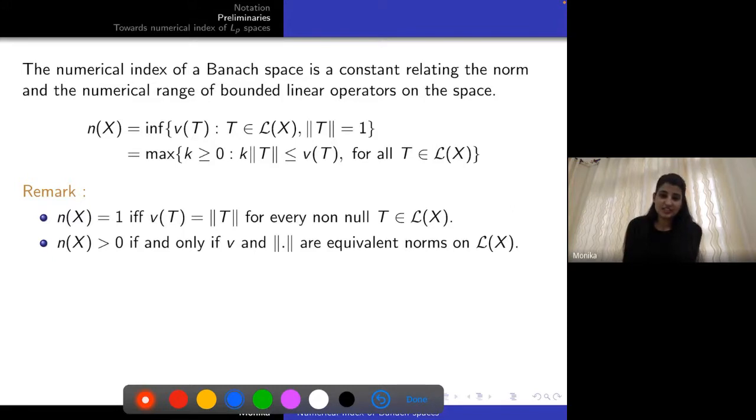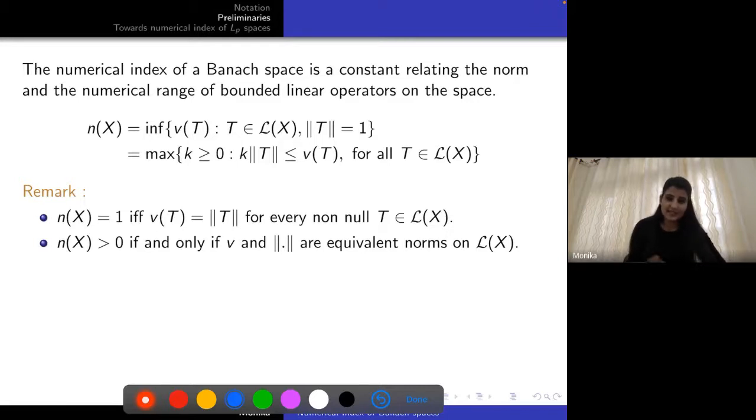And in general, the numerical index of the dual is always less than or equal to the numerical index of X. So we want to know when this equality is achieved.